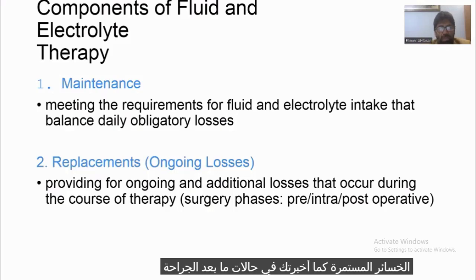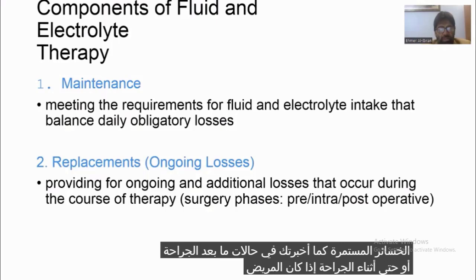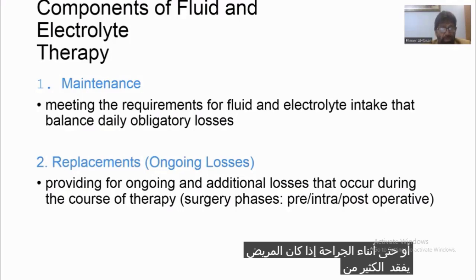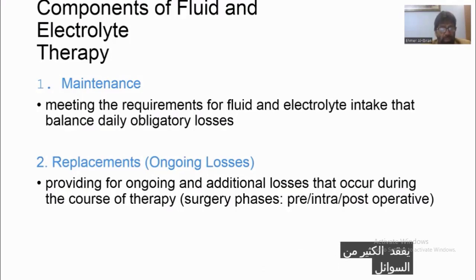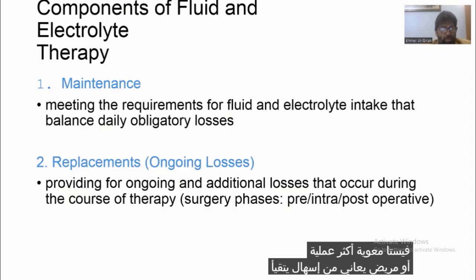As I told you, in post-operative cases or even during surgery, if a patient is losing a lot of fluid, a patient of burn, a patient who is having intestinal fistula post-operatively, or a patient is having diarrhea, vomiting.